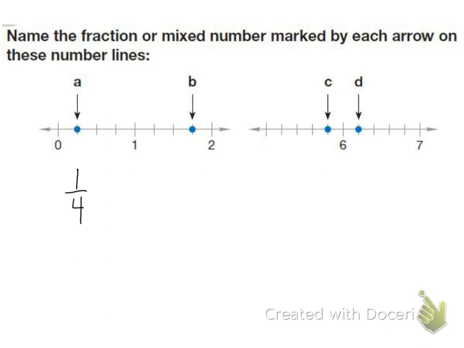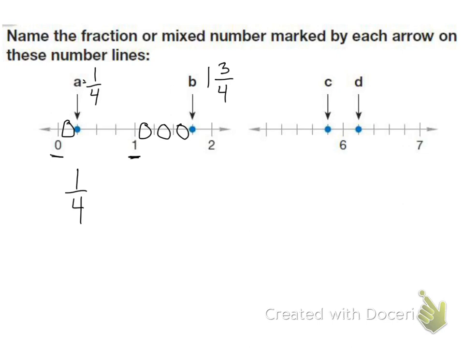Since A is only 1 section away from 0, A is equal to 1/4. B is after the 1, so I know it's going to be 1, and then there's 1, 2, 3 sections in between. So B is equal to 1 3/4.